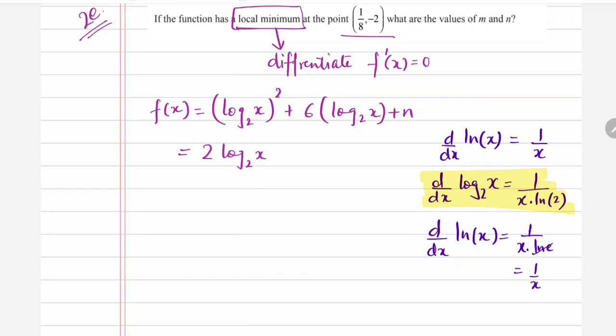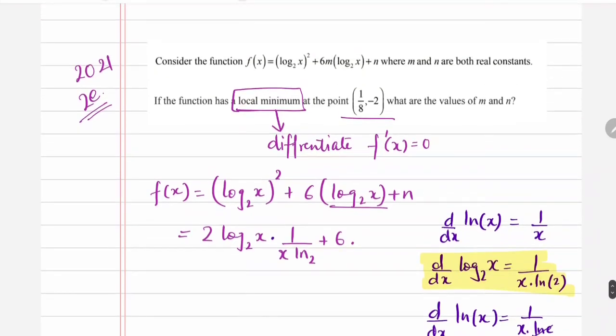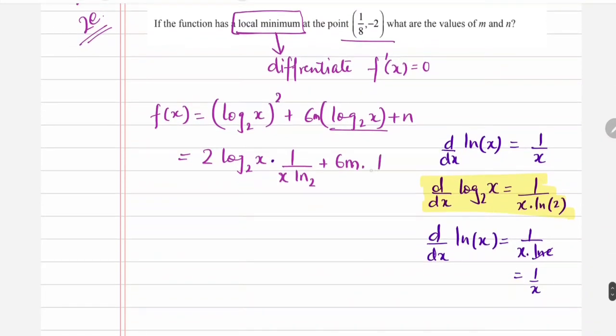So let's put that value back in there. So we will have times 1 over x ln 2, plus 6m times 1 over x ln 2, since in the question it is 6m, which I was missing there.